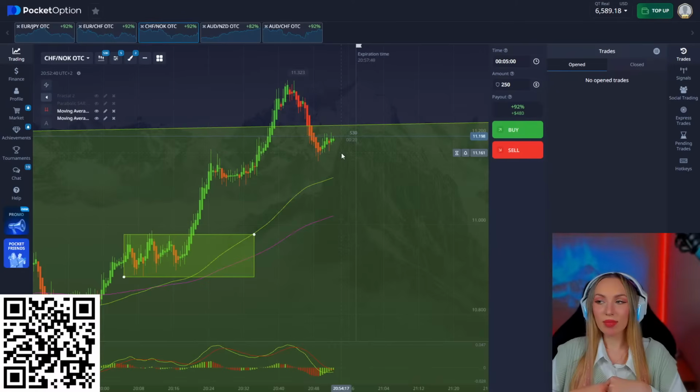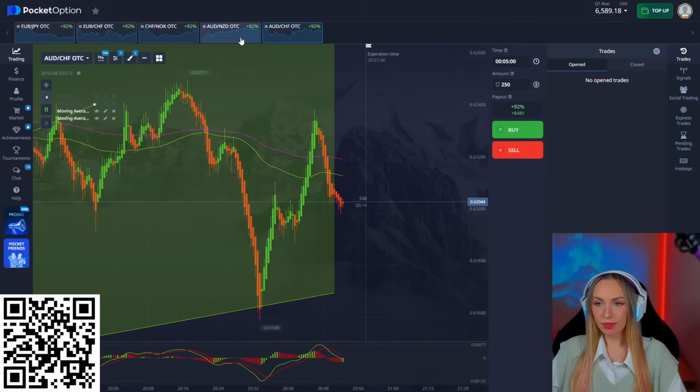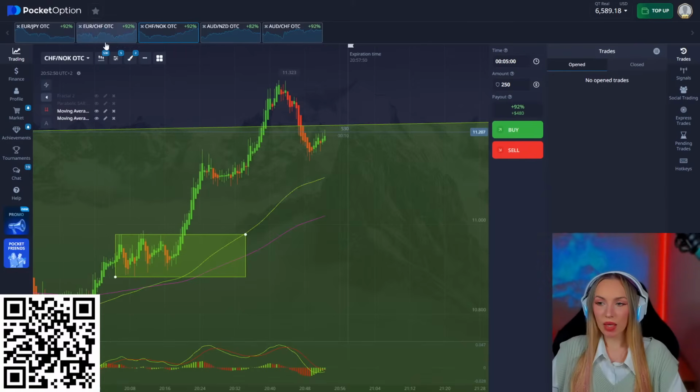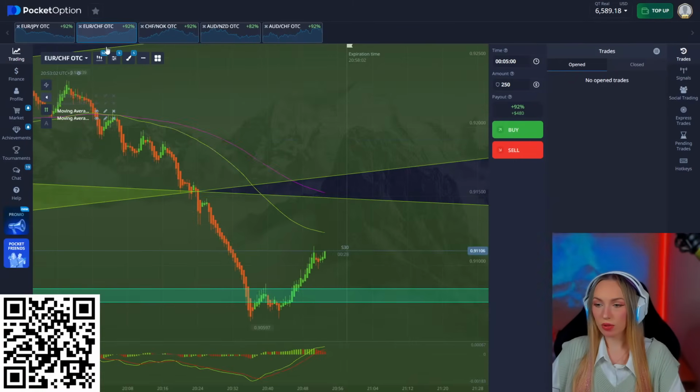But yeah, we are just moving on, and I hope that we'll find one more amazing trade, or maybe even two. So maybe even later I will open the trade on CHF and OK in the downward direction. I hope that it's not the trend reversal. It's not the trend reversal.